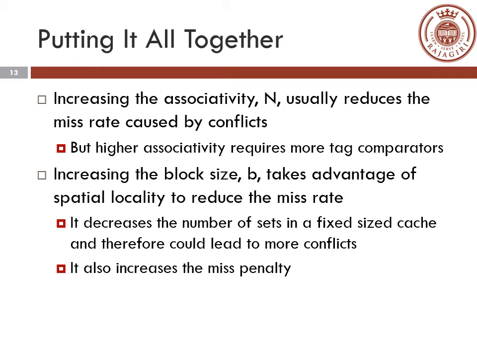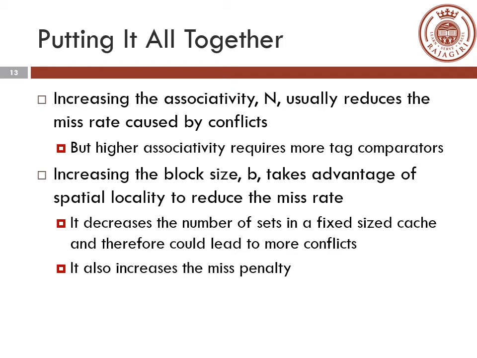Now increasing the associativity value N usually reduces the miss rate caused by conflicts. But the disadvantage is that you need a bigger multiplexer and more tag comparators. And we will see the advantage as well as the disadvantage of increasing the block size.